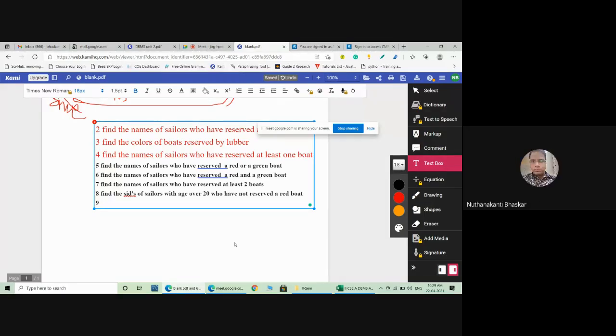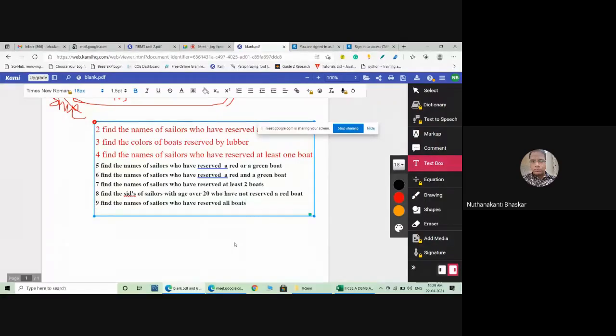The ninth one, find the names of sailors who have reserved all boats.